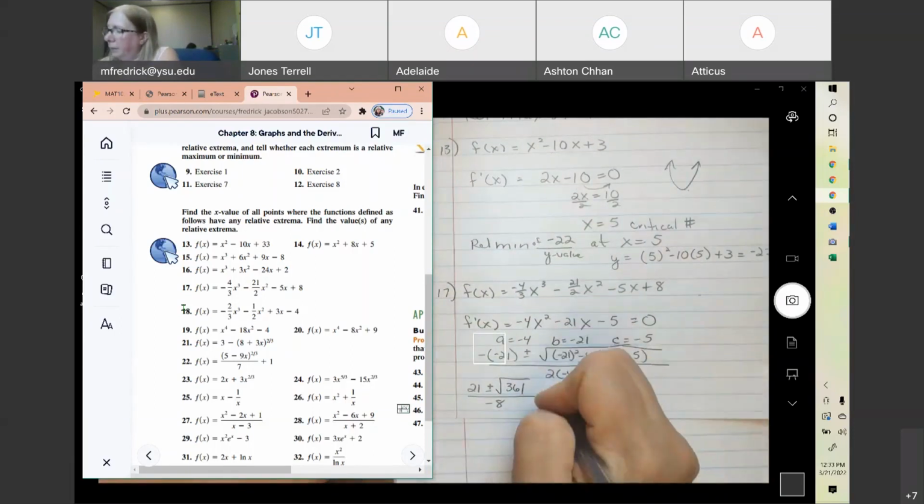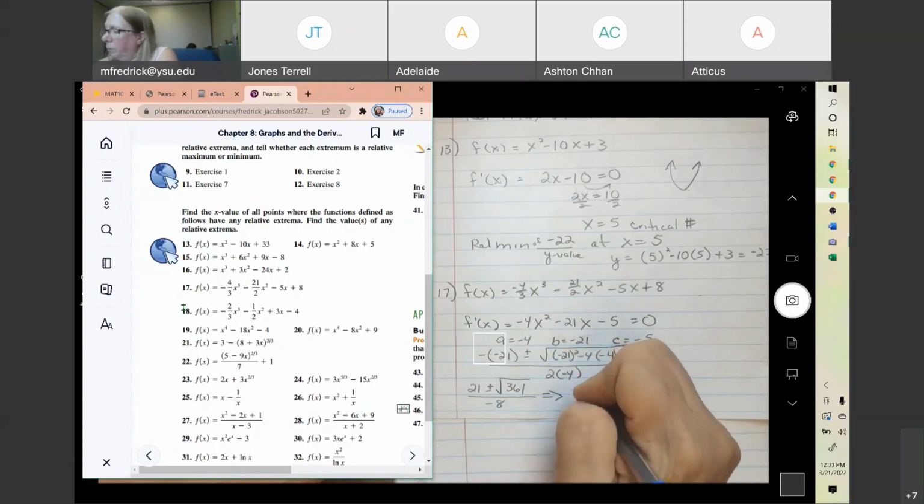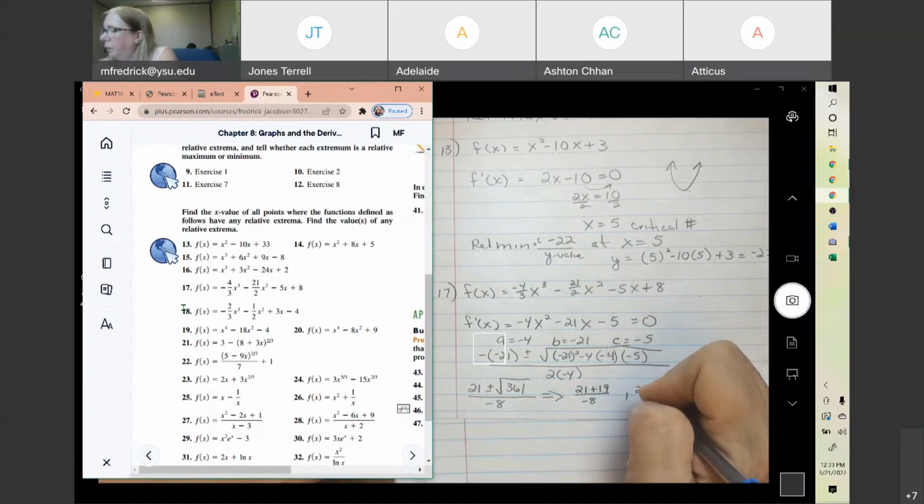It's 19. So it'd be 21 plus 19 over a negative 8 and 21 minus 19 over a negative 8.